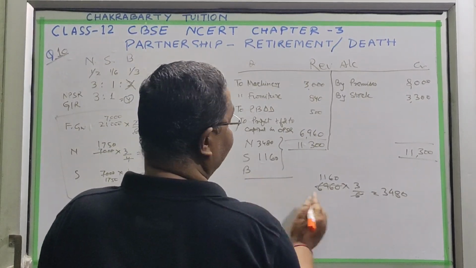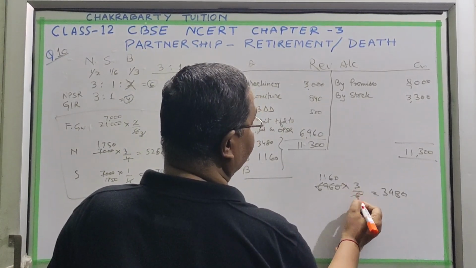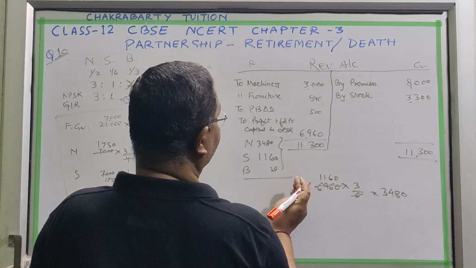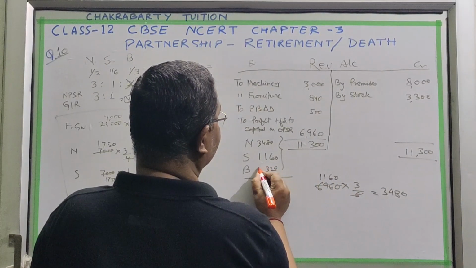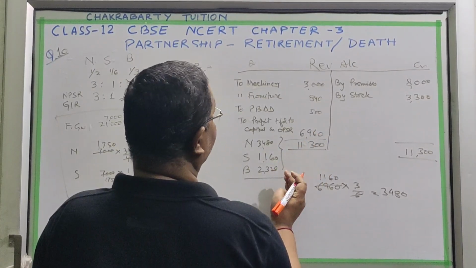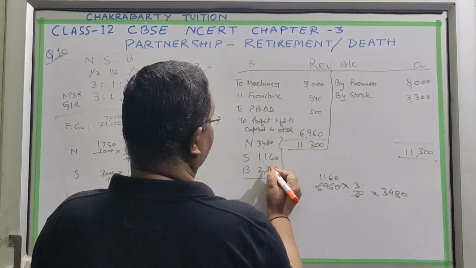And now how will Bajaj get? He will get 2/6, meaning we have to double this amount, and the total should come.